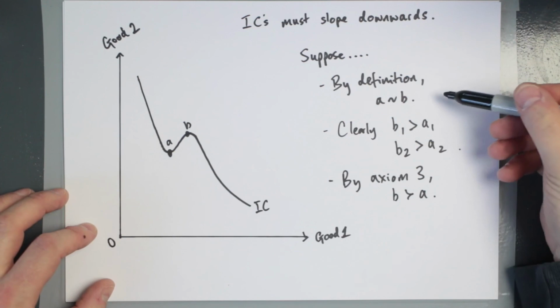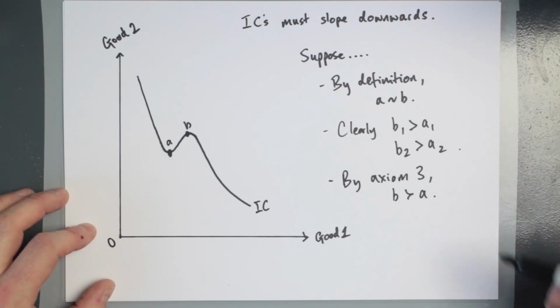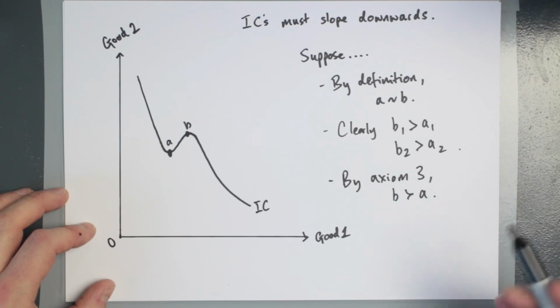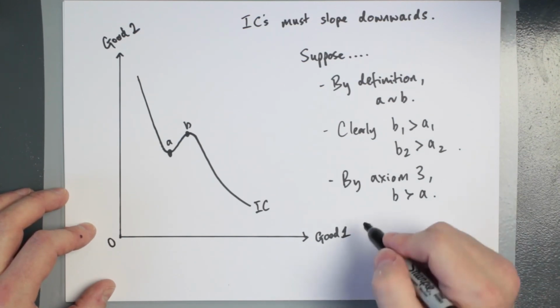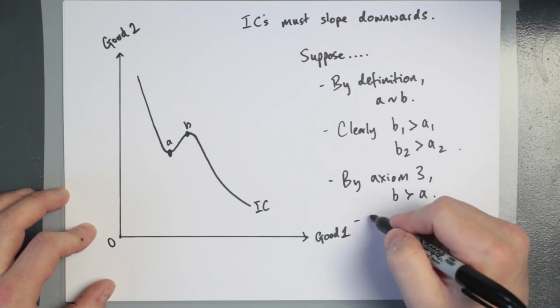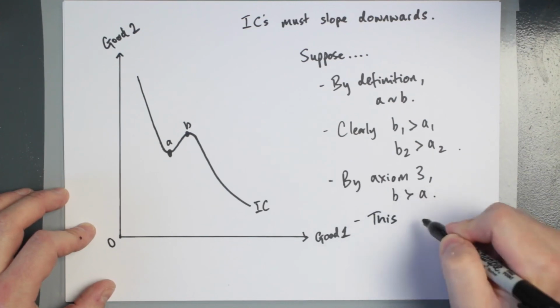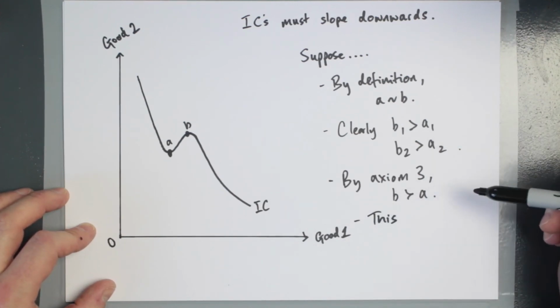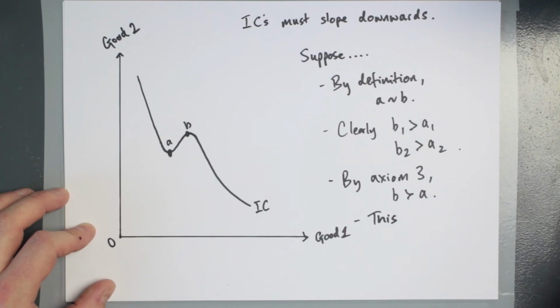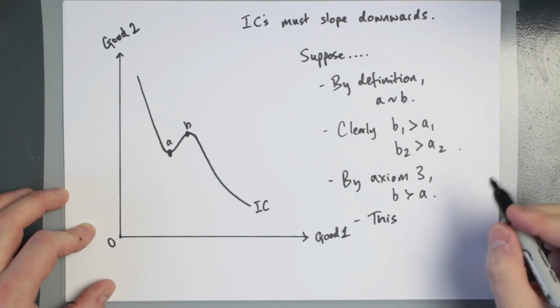Okay, so I've developed two different preferences here. Is there a contradiction? Yes, there is. But what precisely is being contradicted here? Well, it's the axiom of completeness. Completeness said for any two bundles, exactly one type of preference must hold. The consumer either prefers A to B, or they strictly prefer B to A, or they are indifferent.